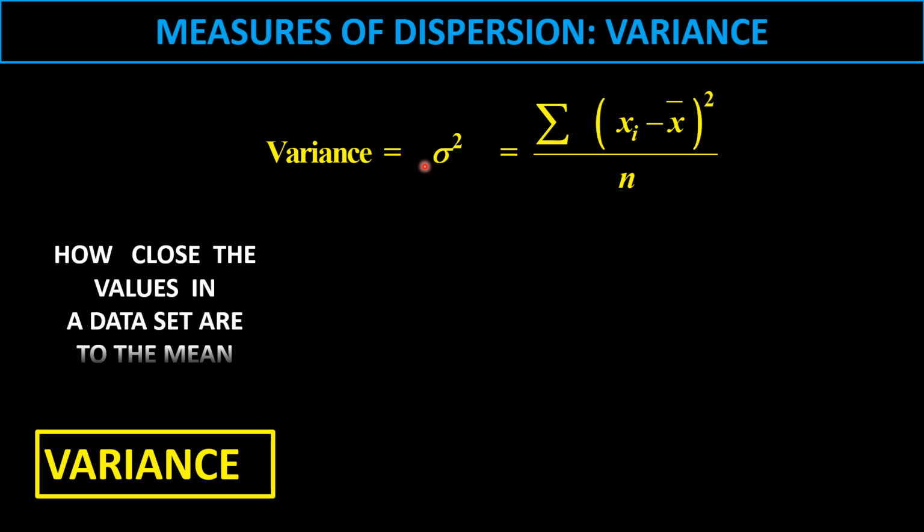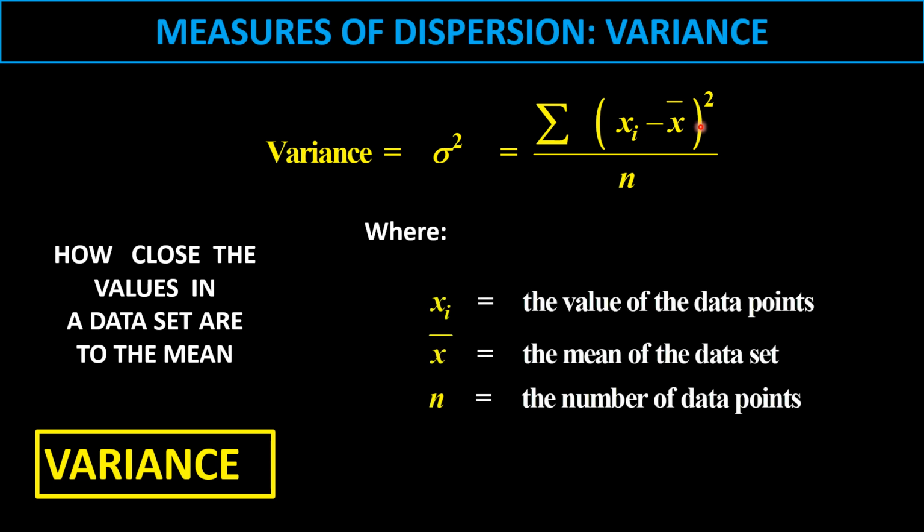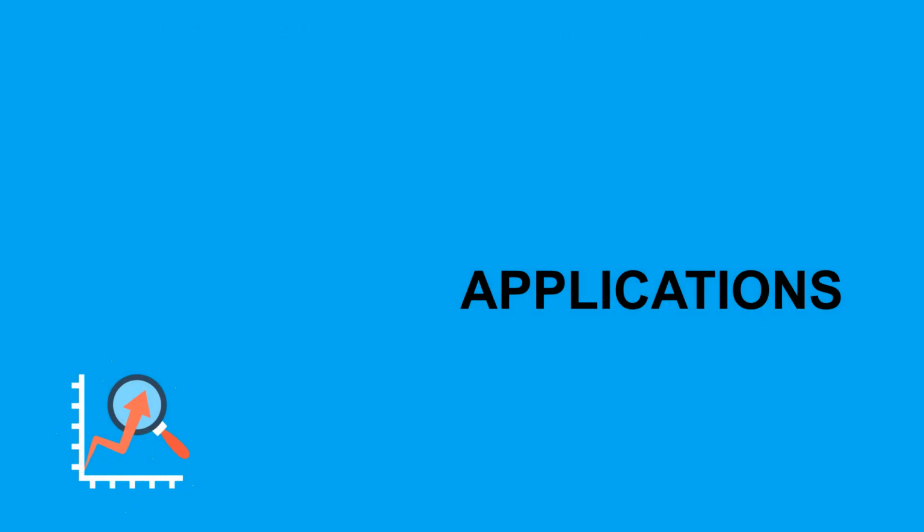Okay, and that also is a measure to determine how close the values in the data set are to the mean, right? But we're not going to work with the square values. We're going to work with the square root there when we work with standard deviation. So it's exactly the same. Xi is your data values, that X bar there is your mean, and N is the number of data points. Okay.